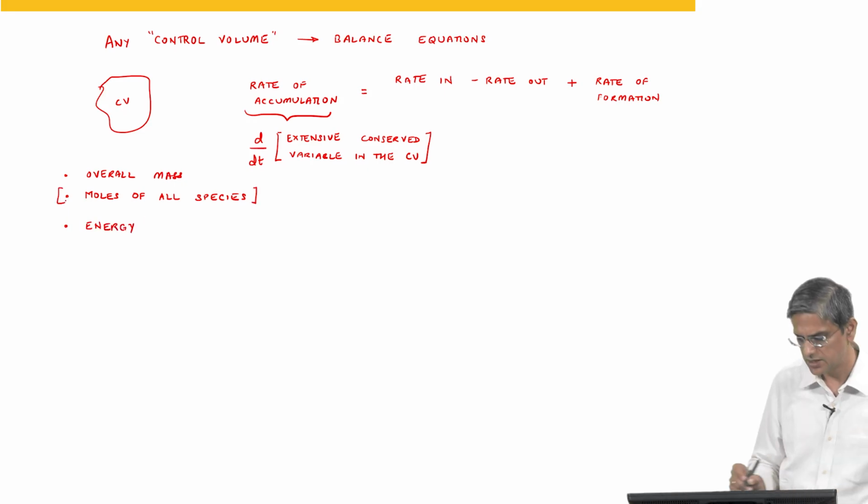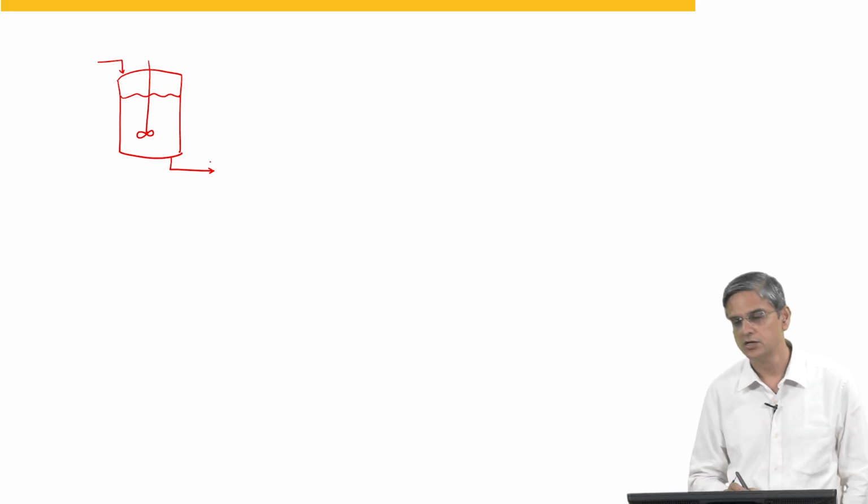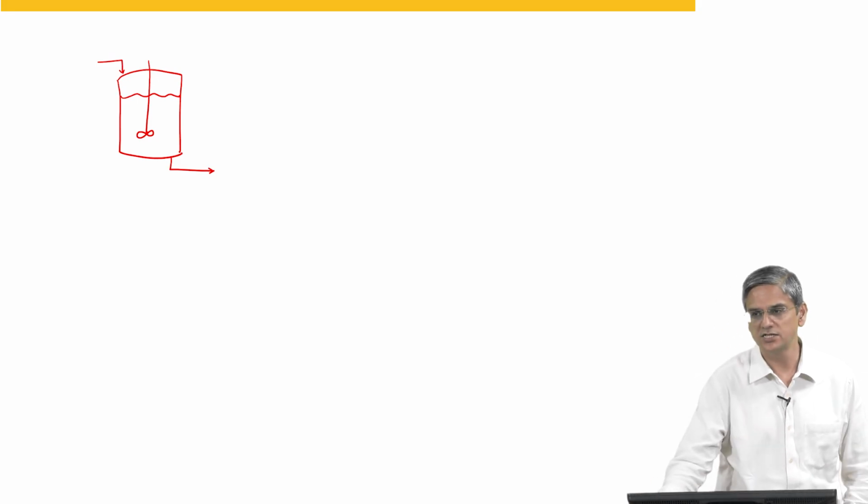Okay, we then considered moles of all species in a well mixed reactor. So if we take a well mixed reactor, and let us just for convenience assume a liquid phase reactor. Okay. So there is one inlet, there is one outlet.